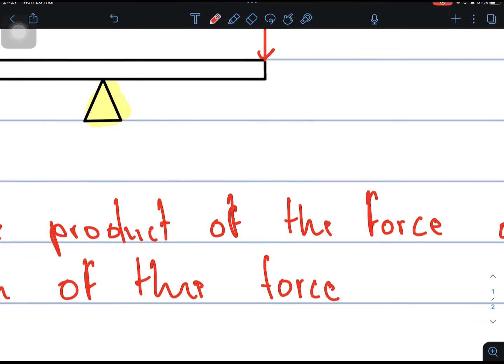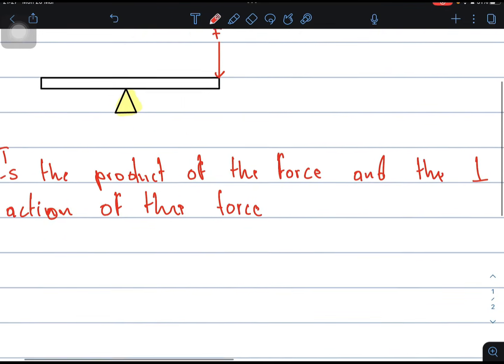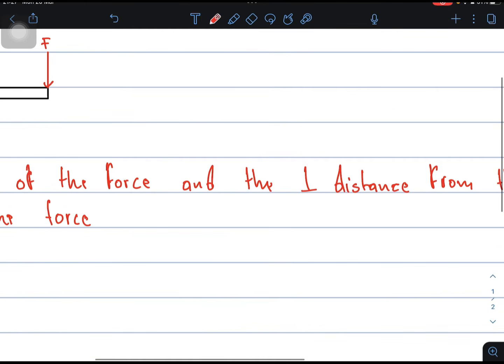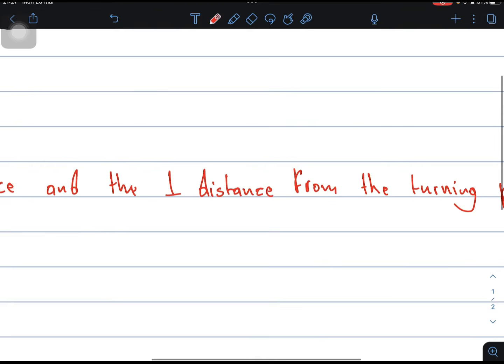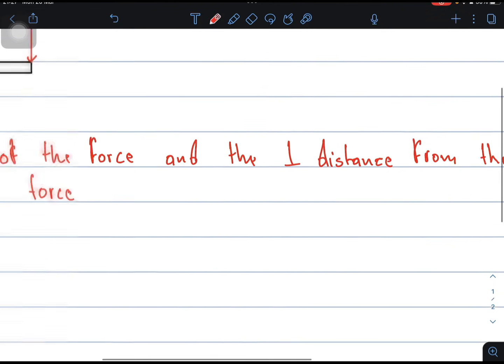Okay, so basically, guys, a moment is the product of the force and the perpendicular distance from the turning point to the line of action of the force.